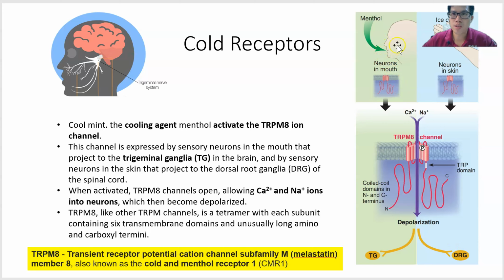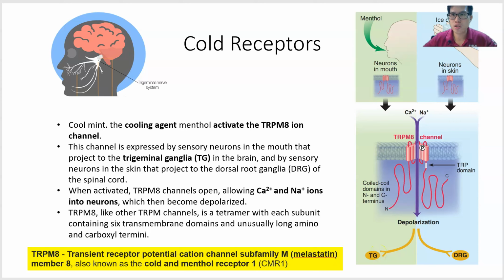For those in the mouth, the sensation coming from the menthol goes through the similar receptor as well, of course in a different location. One is from the skin, one is from the mouth, but the same TRPM8 channel. It will depolarize and allow calcium and sodium ions into the neurons, and send a signal to the trigeminal ganglia that we have mentioned before, and then it will send to your brain to say, oh, it's a cooling effect.